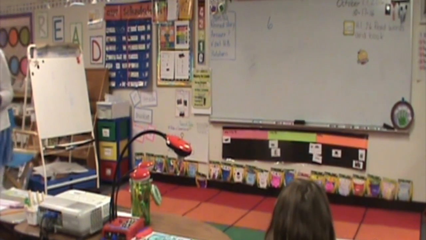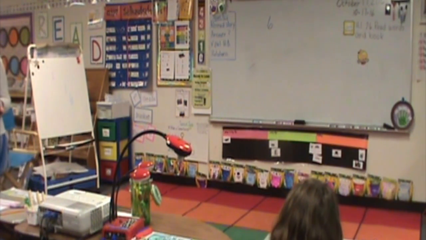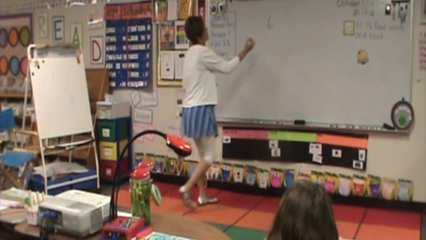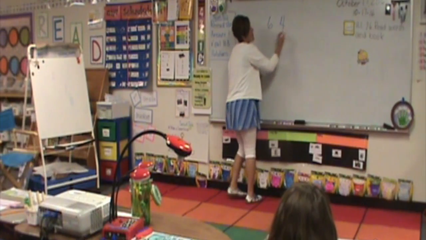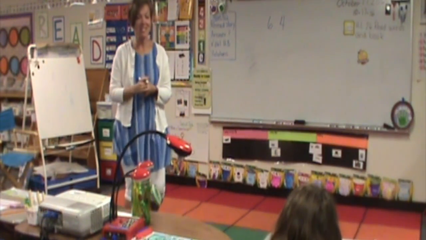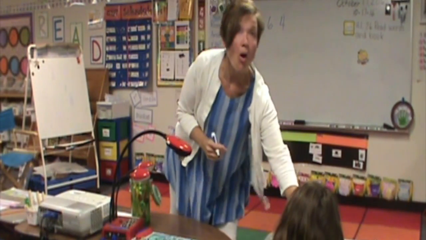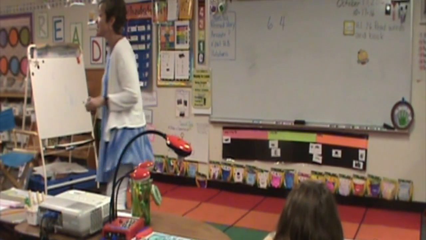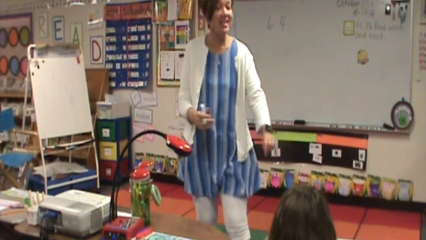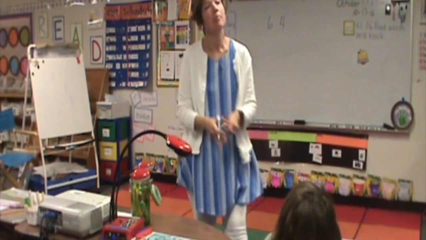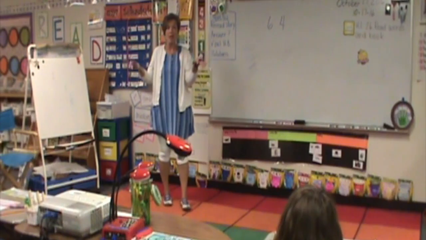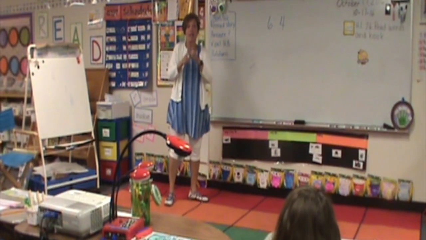Now what? Tell me more. How many blue cars were there, Sydney? 4. But is this my number sentence? It's not my number sentence, is it? Minus. Oh, why minus? I'm taking them away. When I solve a comparison problem, I have to take away one group from another. I'm comparing 2 groups.